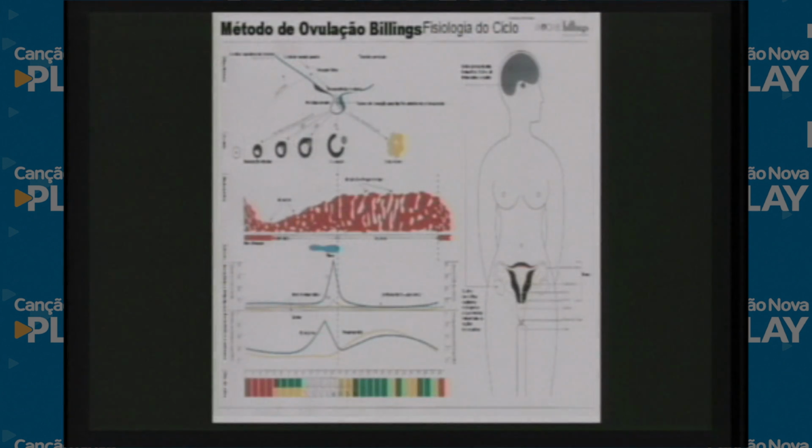As experienced Billings method teachers, you should all be very familiar with this chart. It's in the back of the book Teaching the Billings Ovulation Method Part 2. Do you all have a copy of that book?